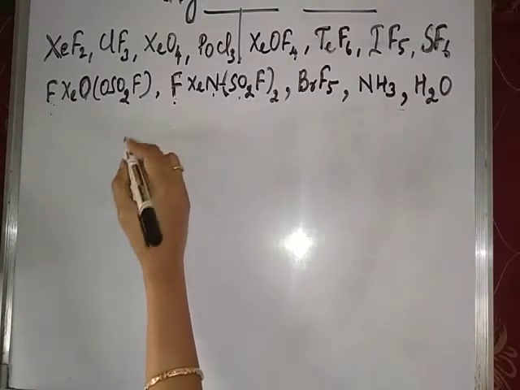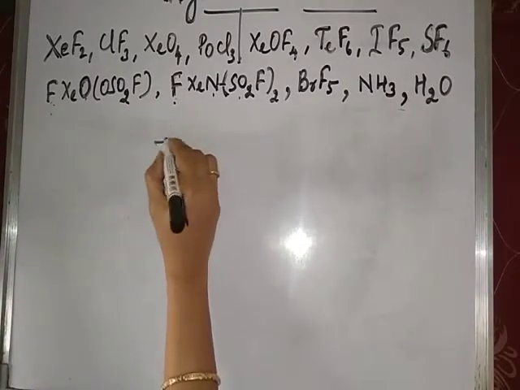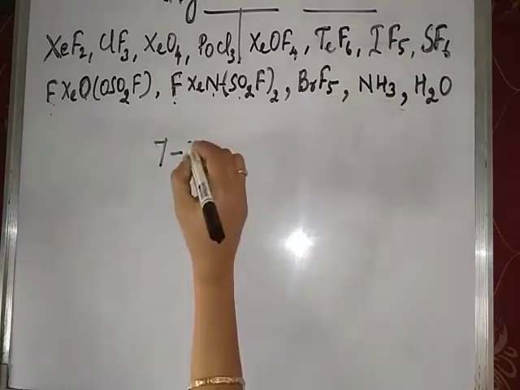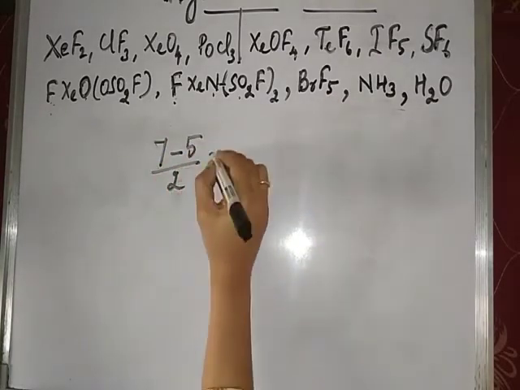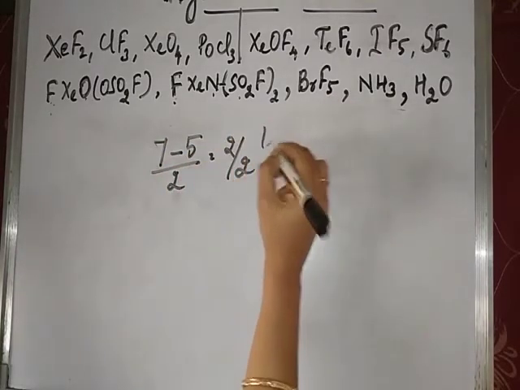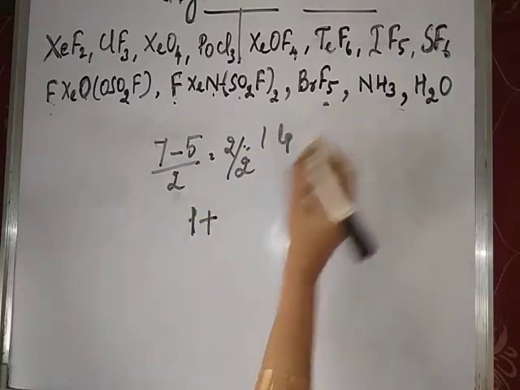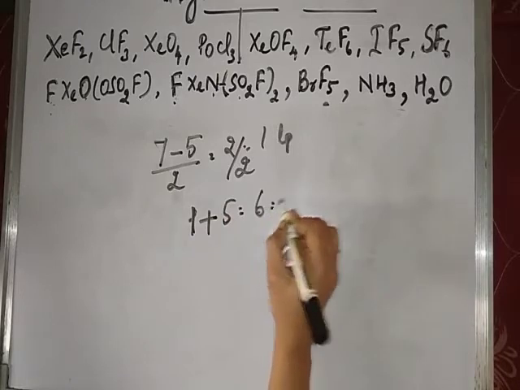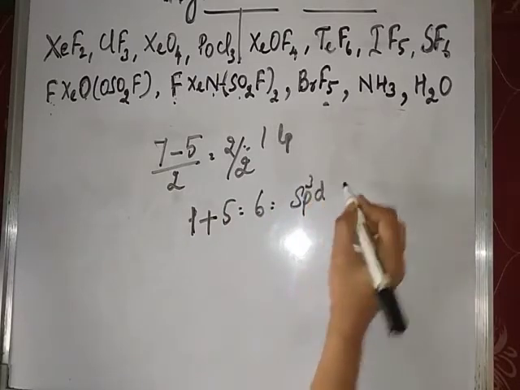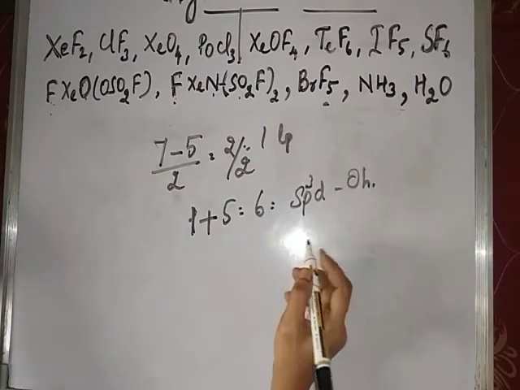And BrF5. Bromine is 7, minus how many? 5, divided by 2. So 2 divided by 2, 1 lone pair of electrons. So 1 lone pair of electrons plus 5, which is equal to 6. 6 means sp3d2, octahedral, same.